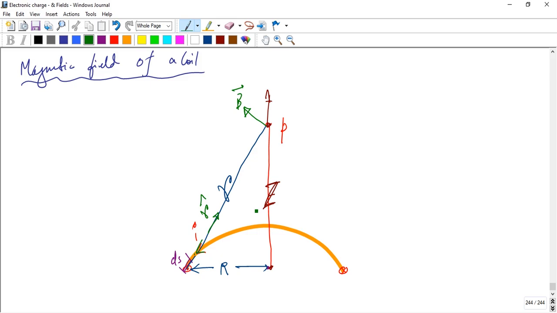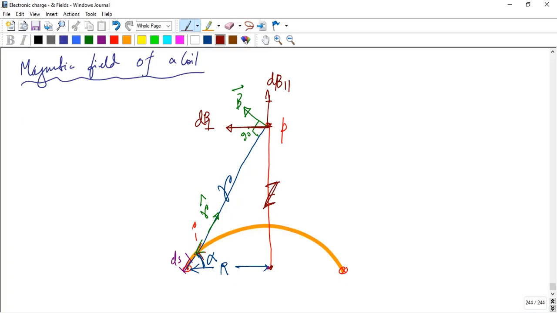And we find B with the help of Biot-Savart's law. Suppose this angle is 90 degrees, and suppose we choose that angle to be alpha. There are two components of dB: dB perpendicular to the axis of the circular path, and dB parallel.